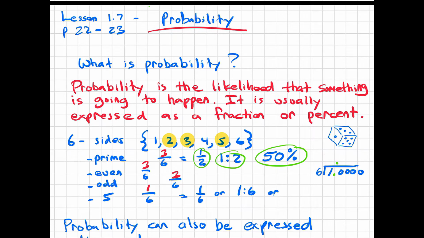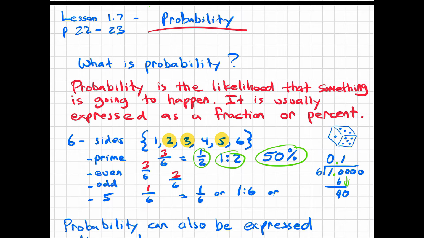The answer is no, so I'm going to put a 0 right there. Now I'm dealing with the number 10, so just ignore that decimal at this point. Can 6 go into 10? Yes, 1 time. That's 6. Subtract that, I get 4. Bring down that 0, and I now have 40.